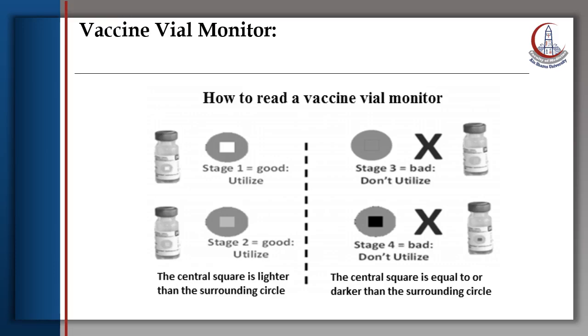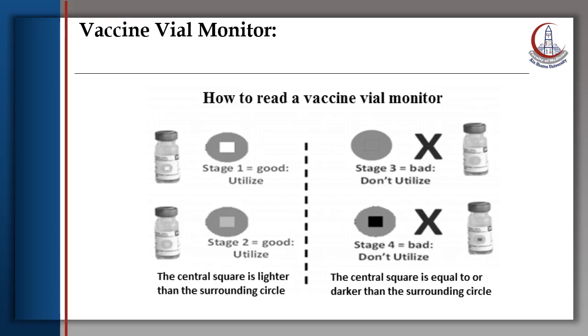Here, stage 1, the central square is lighter than the surrounding circle, so the vaccine is good. Stage 2, also the central square is lighter than the surrounding circle, so the vaccine can be used.